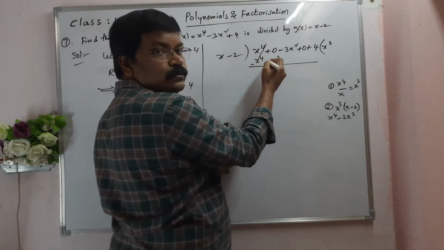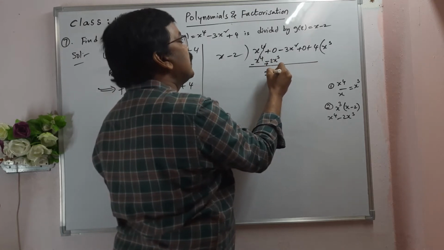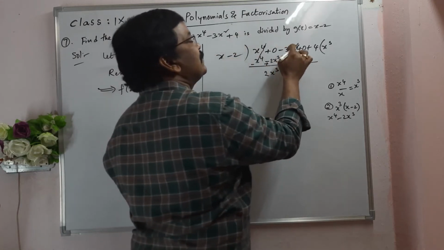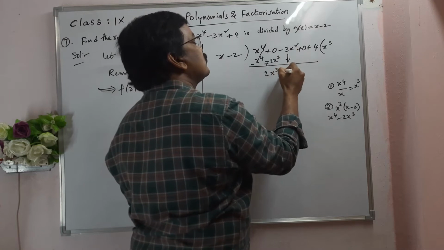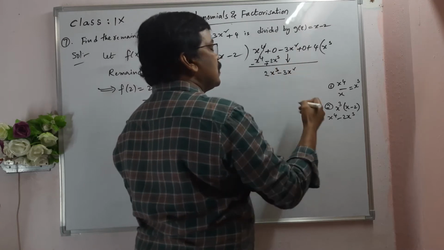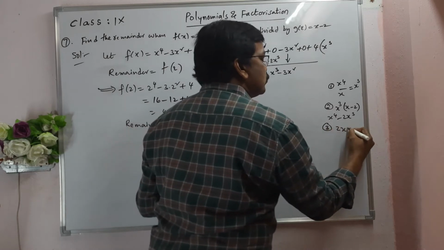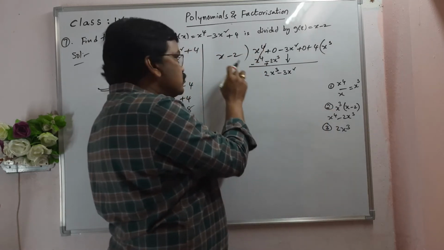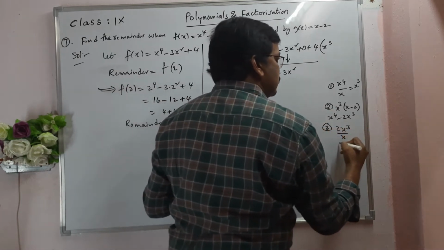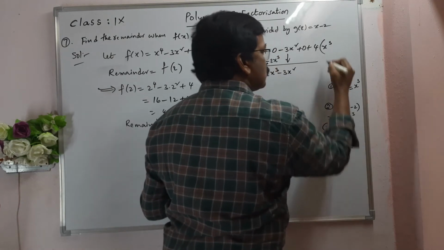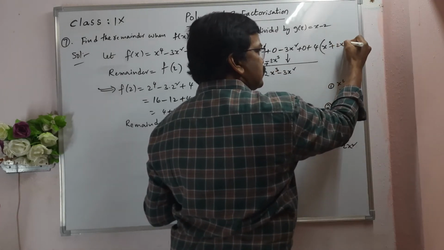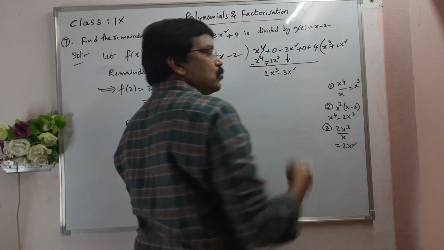Then what is the remainder here? 2x cube. Write the next one here, minus 3x square. Now in the third step, this 2x cube, that means the first term in the dividend should divide with the first term in the divisor. This is equal to 2x square. So write this plus 2x square in the quotient place.